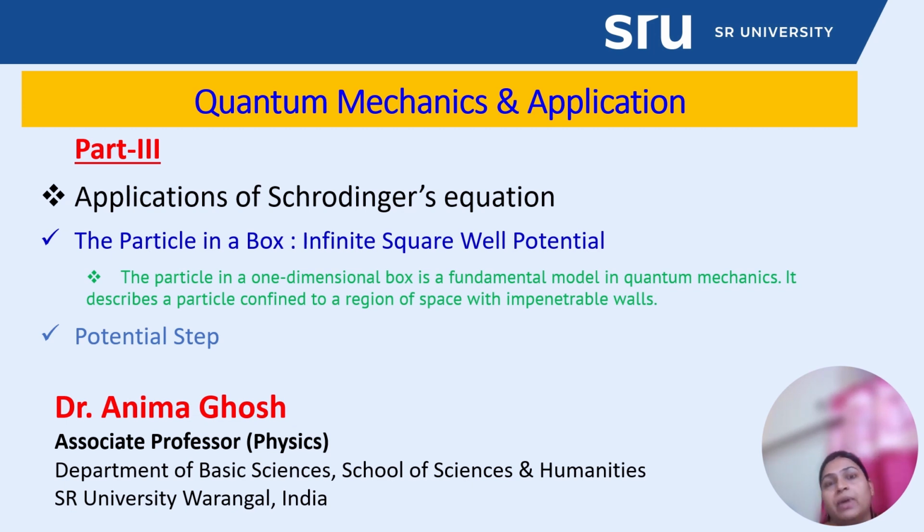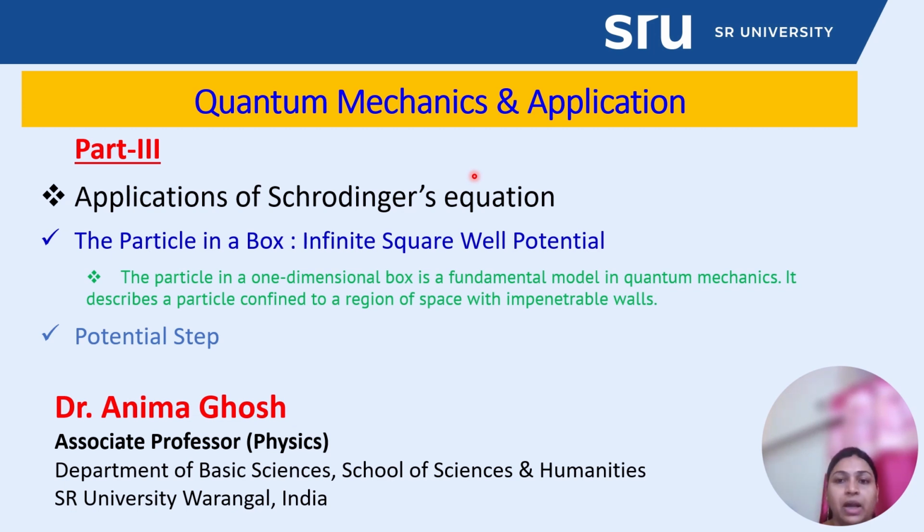This is where quantum physics or quantum mechanics comes in, and at the heart of this lies one of the most important equations that describes the complete behavior of particles at the quantum level, the Schrodinger equation.